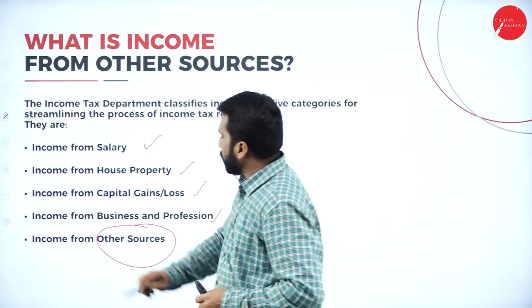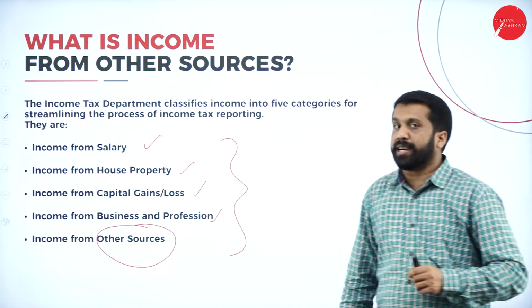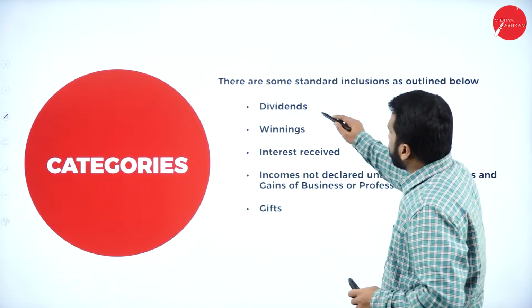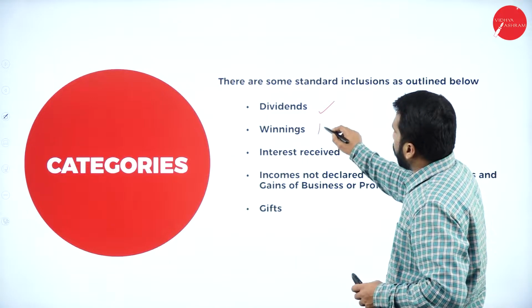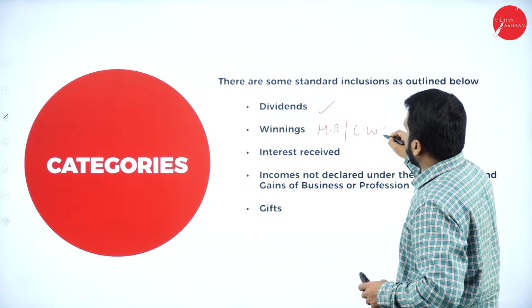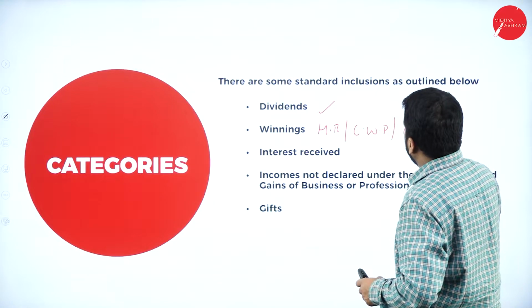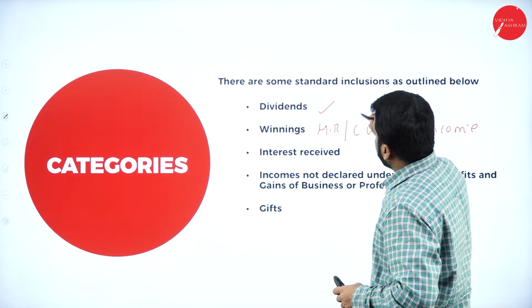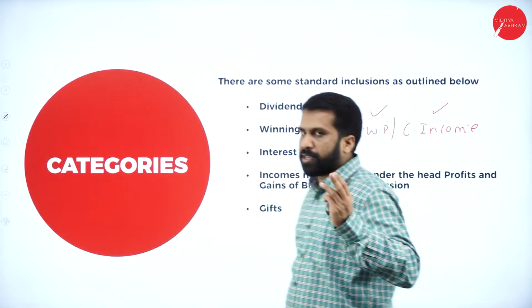Other than these, whatever you get, we call it income from other source. Which are those? Dividends, winning from horse race, winning from crossword puzzle, casual income. So 3 points are over.